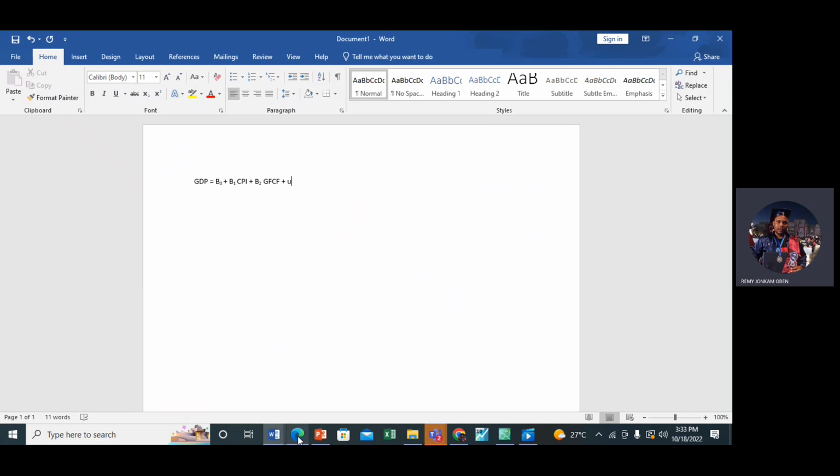I'll give you a model. What does this model tell you? It tells you that GDP is the dependent variable, CPI and gross fixed capital formation are independent variables. Beta 0 is the constant or intercept term. U is the error term. Beta 1 and beta 2 are the coefficients. Beta 1 is the coefficient of CPI and beta 2 is the coefficient of GFCF.